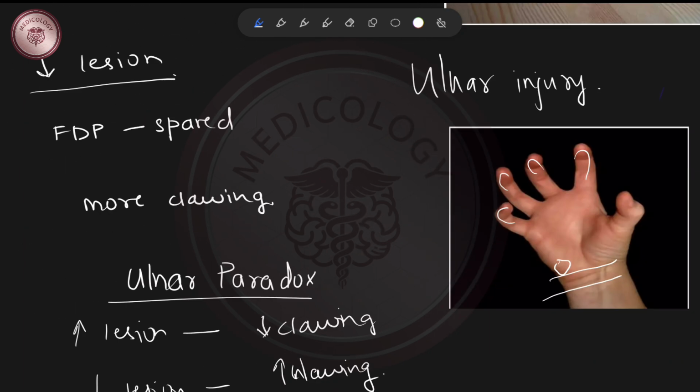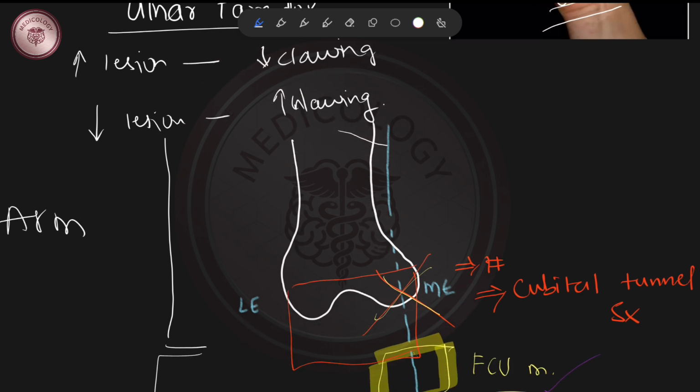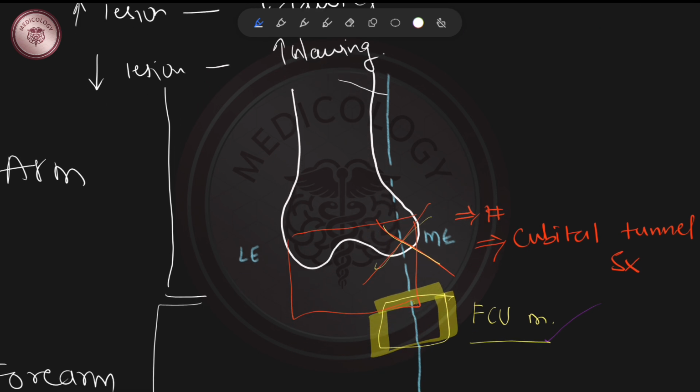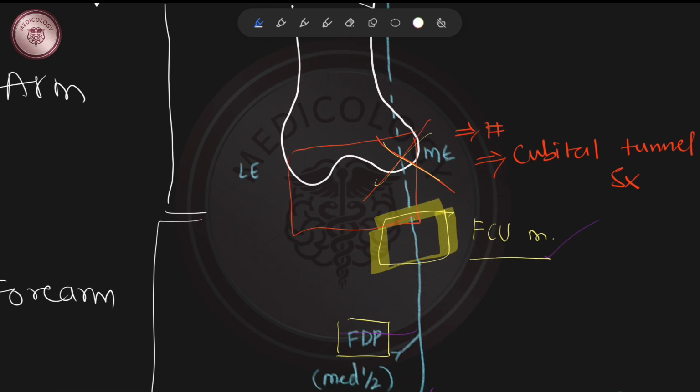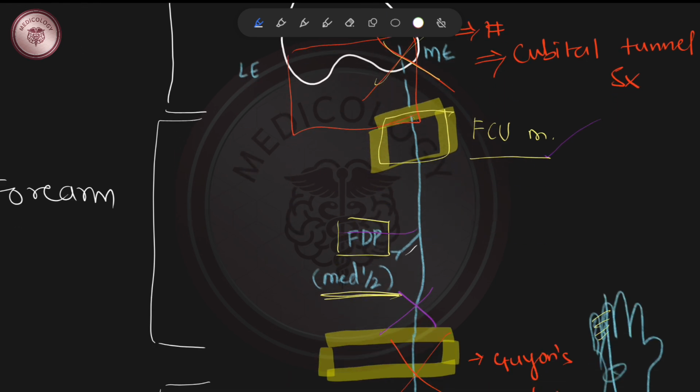It starts in the axilla, comes along with the brachial artery, and gets posterior to the humerus. Then it goes to the medial epicondyle, and then comes to the front part of the forearm. It enters the forearm by passing between the two heads of the flexor carpi ulnaris muscle, and then supplies the medial half of FDP.